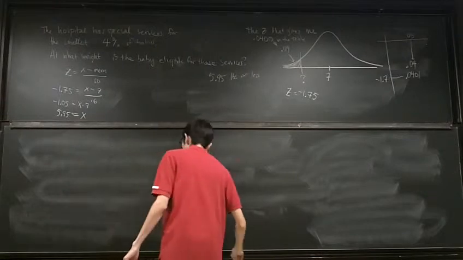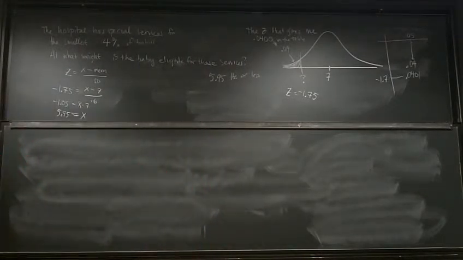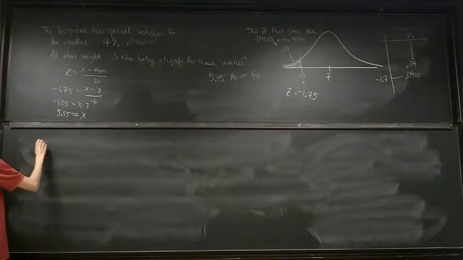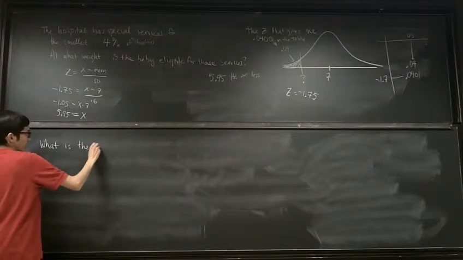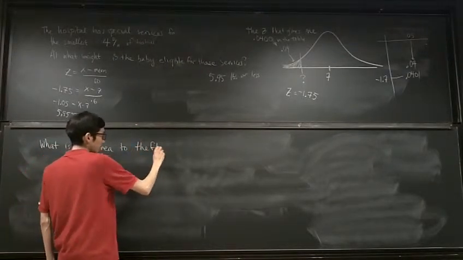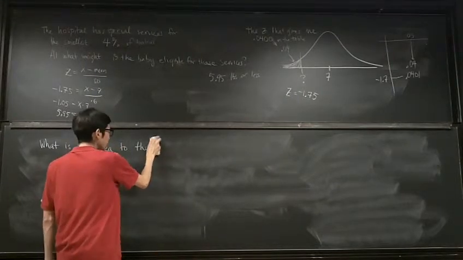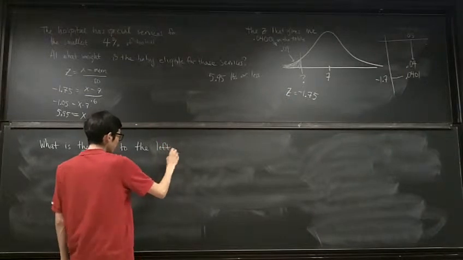Okay, so I'm going to put a couple of questions up here, and I hope this helps us understand the difference between what we're doing. What is the area to the left, and all of these come directly from the table. All of these answers you can find directly in the table.